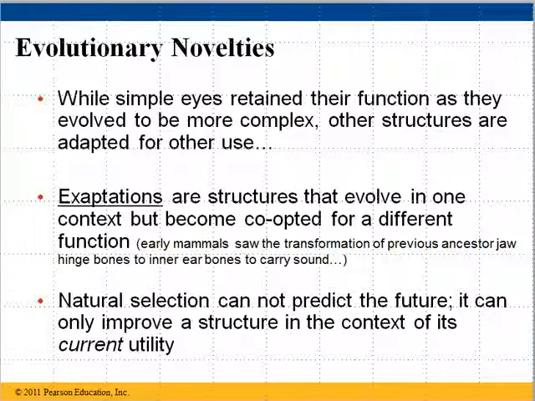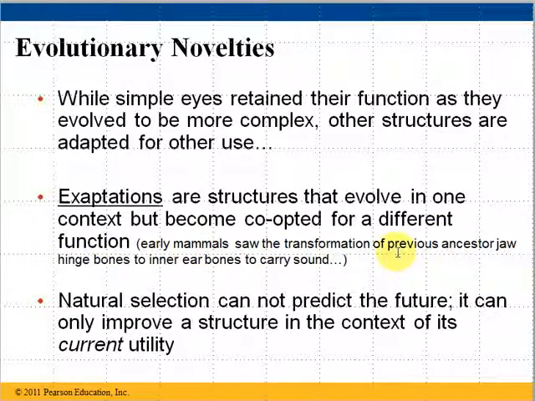These are called exaptations. Exaptations are structures that evolve in one context, but they become co-opted over time for a different function. And a good example, one I've already mentioned, is early mammals saw the transformation of a previous ancestor's jaw hinge bone to the inner ear bones to carry sound.